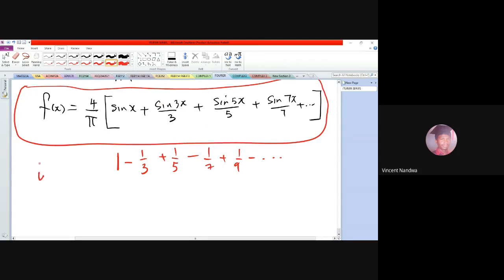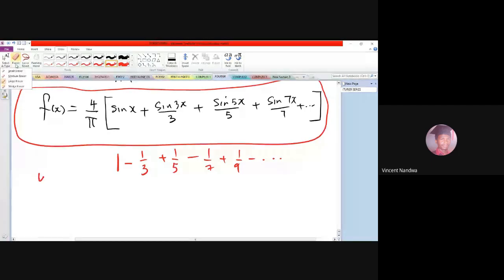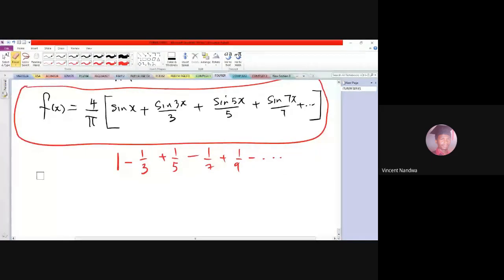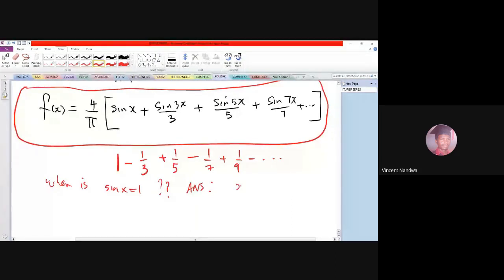When is sine x equal to 1? All of us know that the answer is when x equals pi over 2.